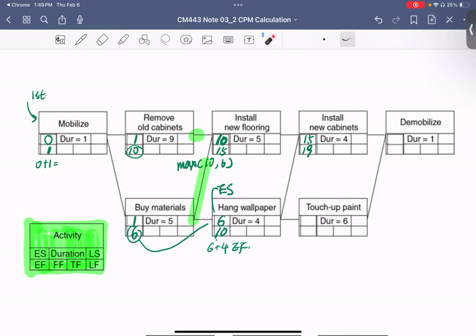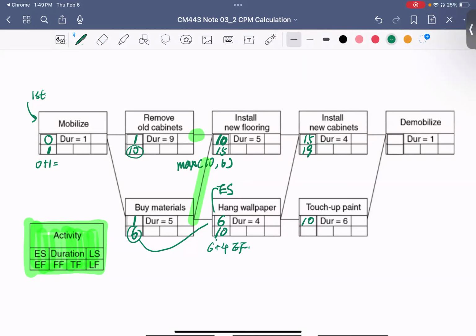What is the number for this one? The touch up paint. That would be 10. Yes, sir. Does everyone agree with it? I thought it was 15.